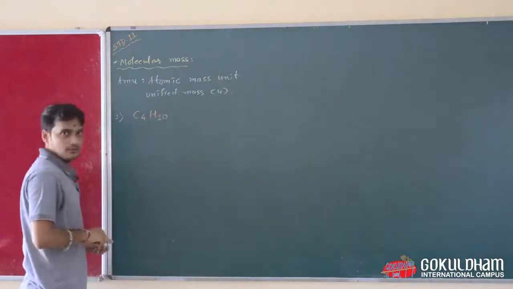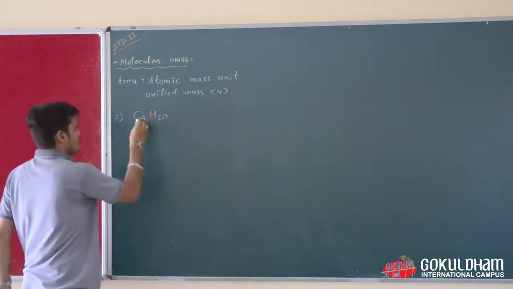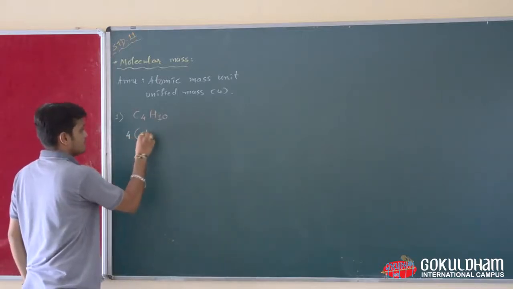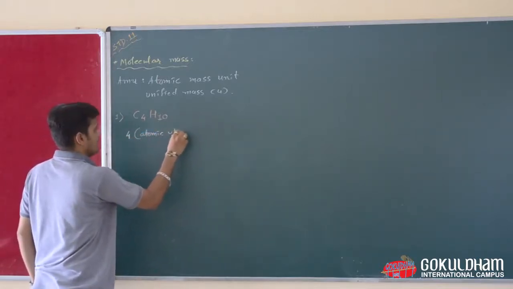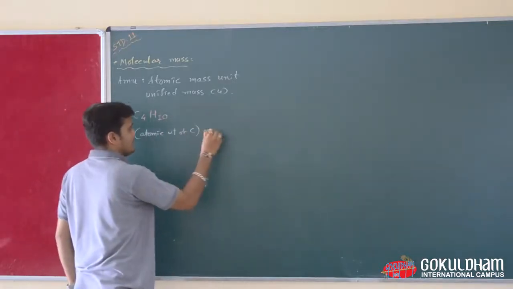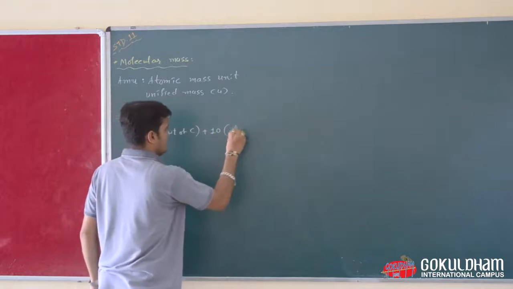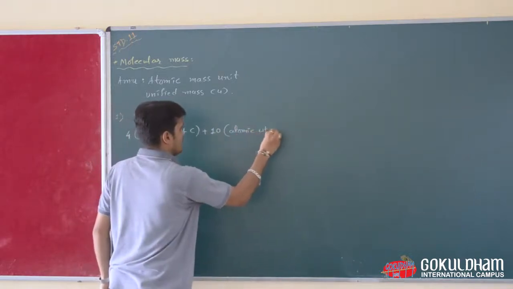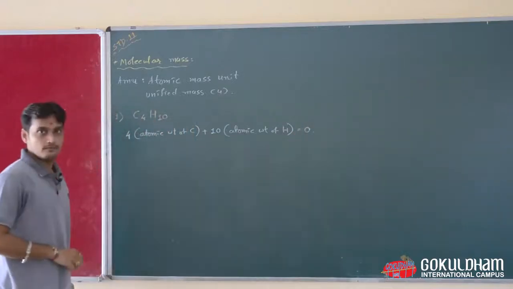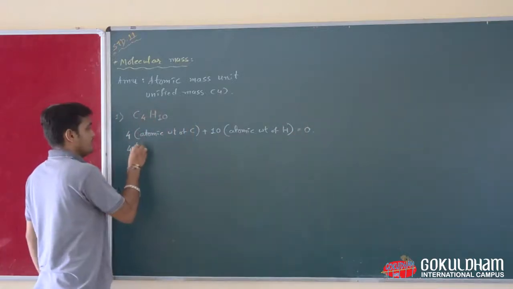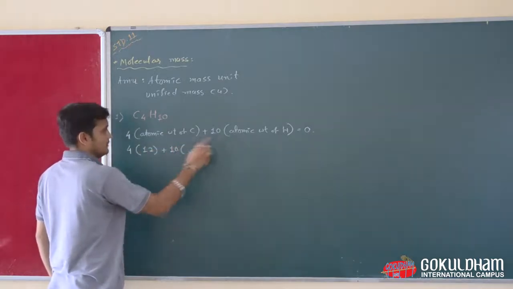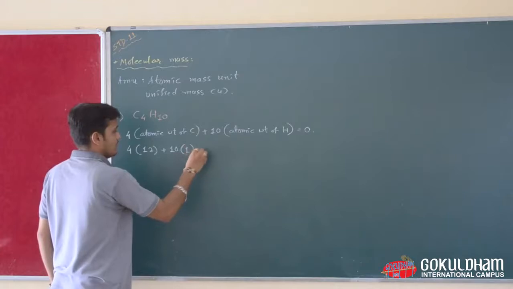C4H10. C4H10 means butane. So we can write here 4 into atomic weight of carbon plus 10 into atomic weight of hydrogen. The atomic weight of carbon is taken as 12 and atomic weight of hydrogen is 1.